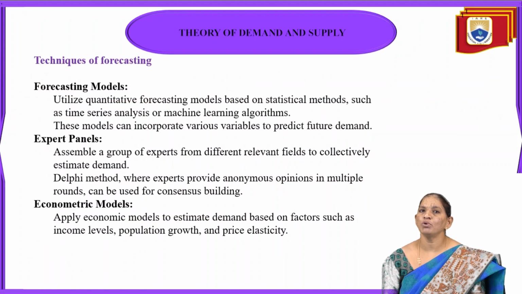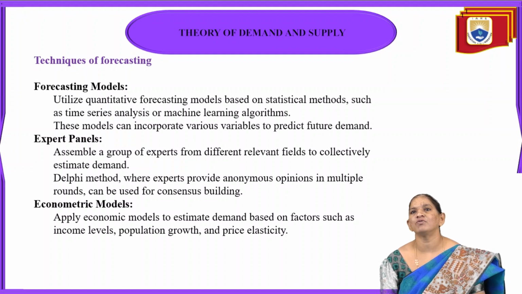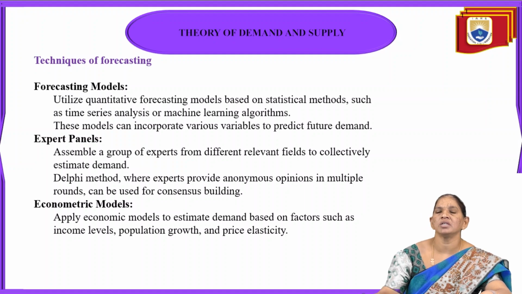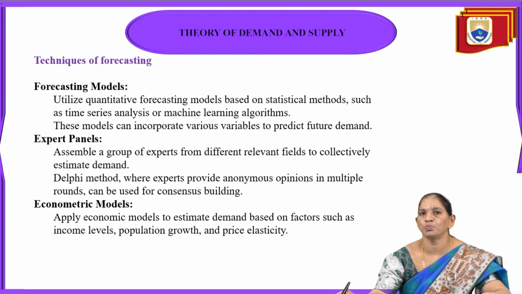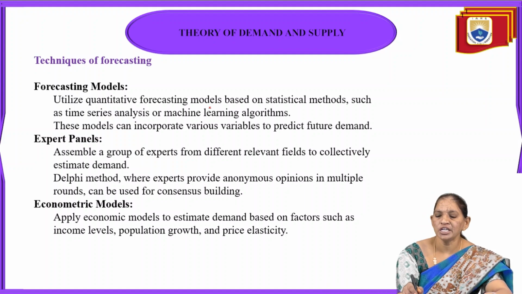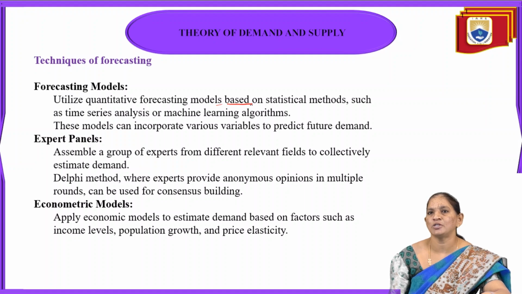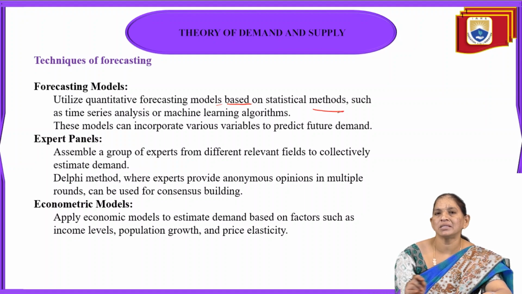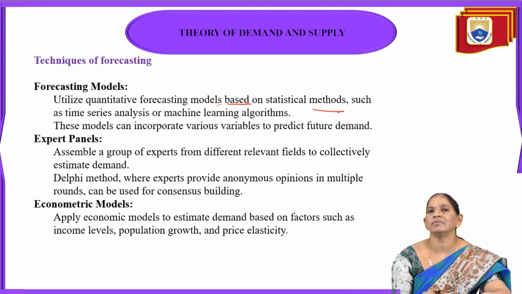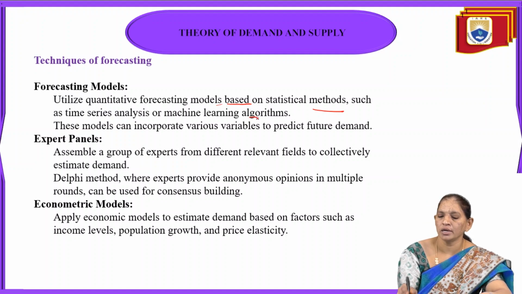By taking the above factors, we can have the forecasting techniques for a newly launched fast moving product. We have seen forecasting models like quantitative forecasting models, which are based upon statistical methods, primarily time series analysis and machine learning algorithms.